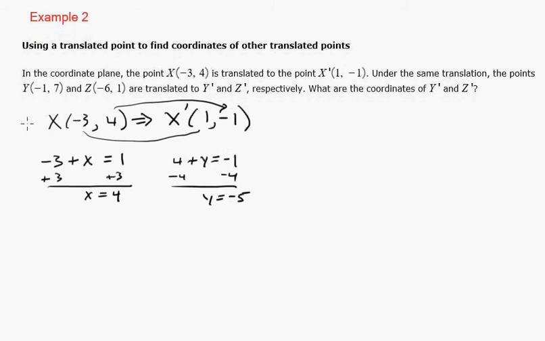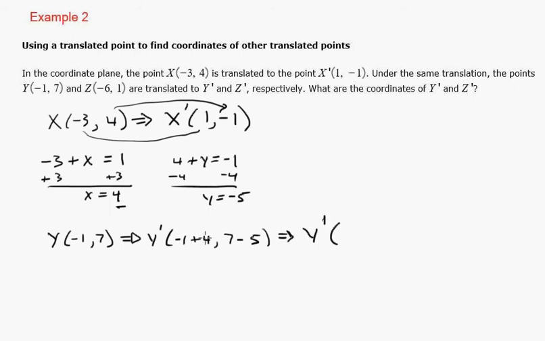So now I have a y value of negative 1, 7. So y prime is going to be negative 1 plus 4. And the y part is going to be the 7 take away 5. So y prime becomes 4 take away 1 is 3 and 2. Alright, and then one more.